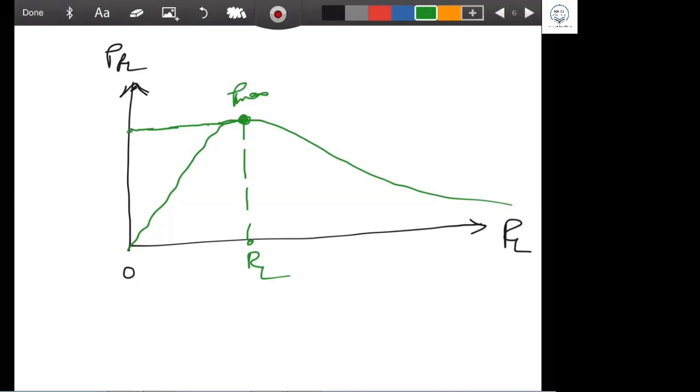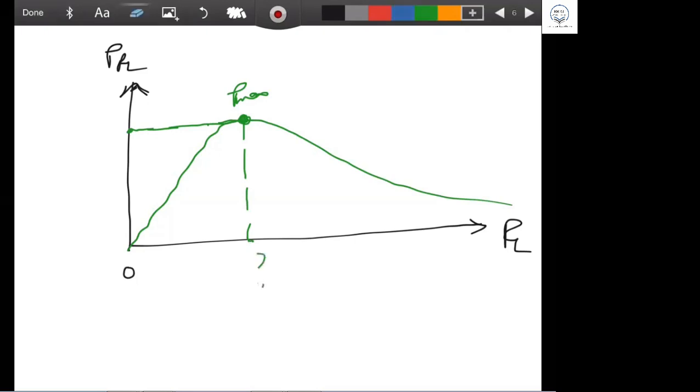So my question is, what is the value for that circuit we got here? Can you tell me first the resistance RL value, what is that value? 2. 2, good, excellent.